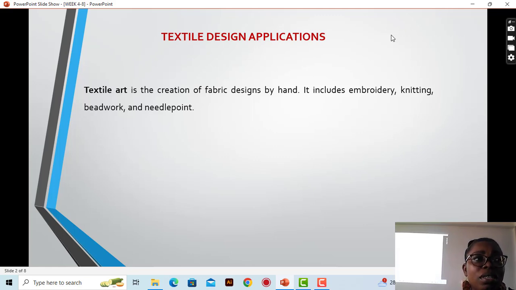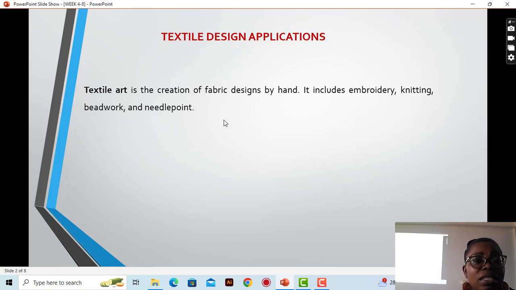We now know what textile means. We know that textile doesn't mean fabric only. So if we say textile design application, it means that the designs that we do in textiles, how to apply them. Okay. So we want to know what textile art is.